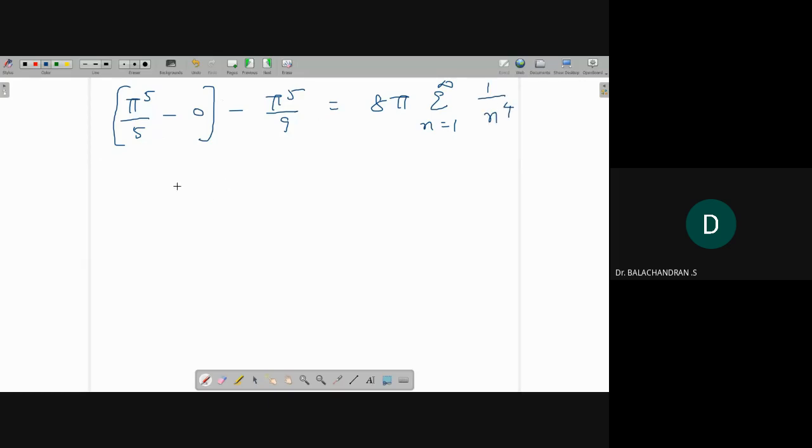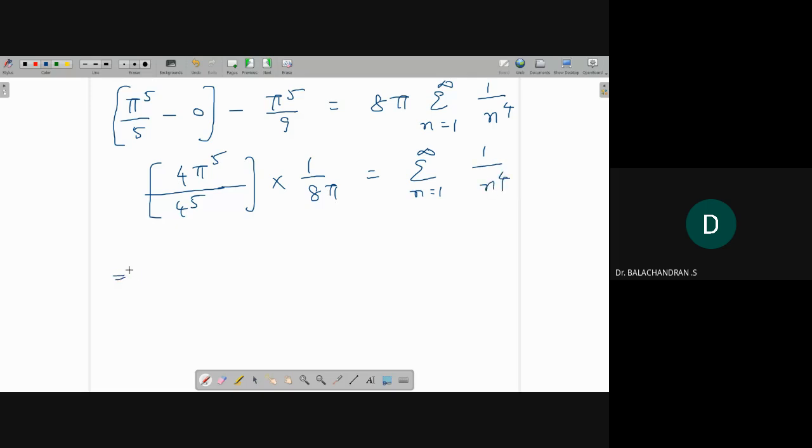If you take 45 LCM, 9 pi power 5, this is 5, so 4 pi power 5 into 1 by 8 pi is equal to summation n equal to 1 to infinity 1 by n power 4.